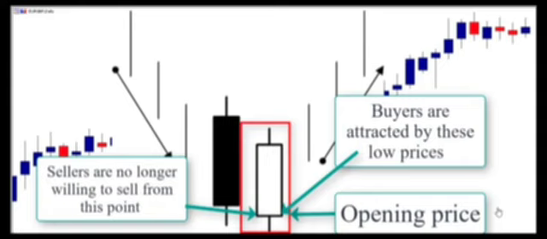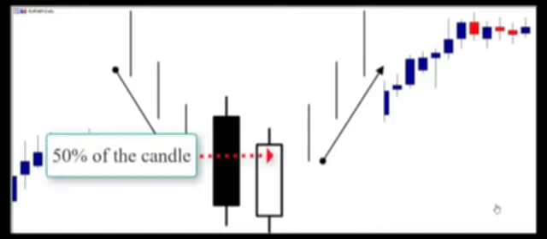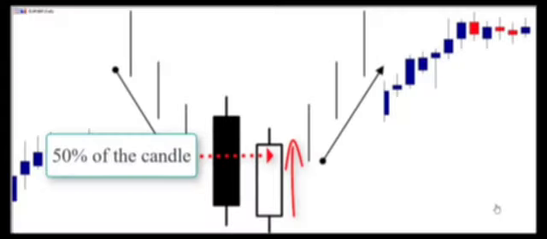So the balance of supply and demand has been tipped now slightly more in favor of buyers and price goes up. The key to this pattern is the movement of price above the 50% level here. This is considered the balance point for bullish and bearish sentiment.